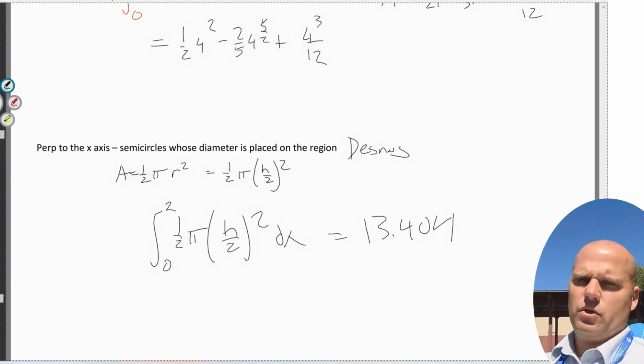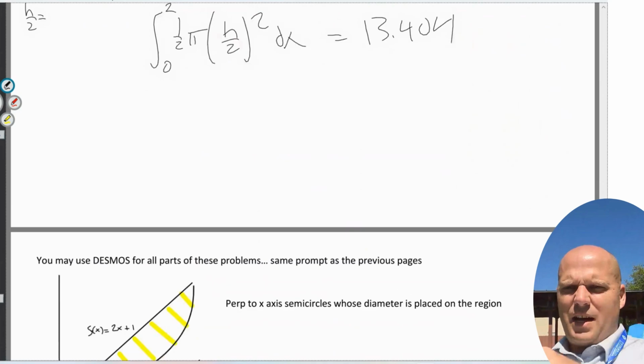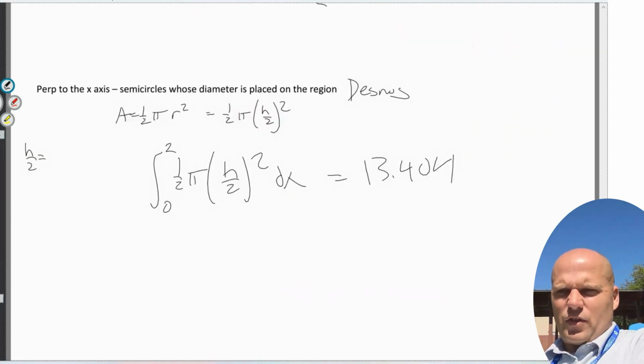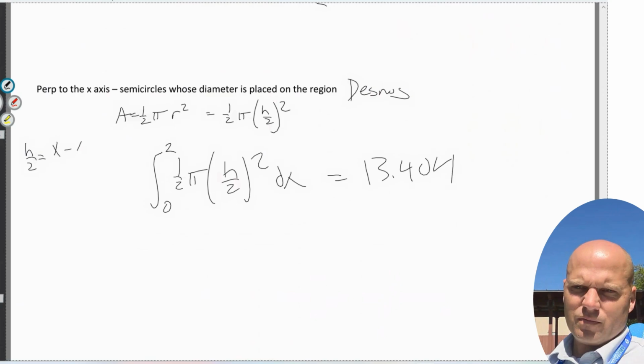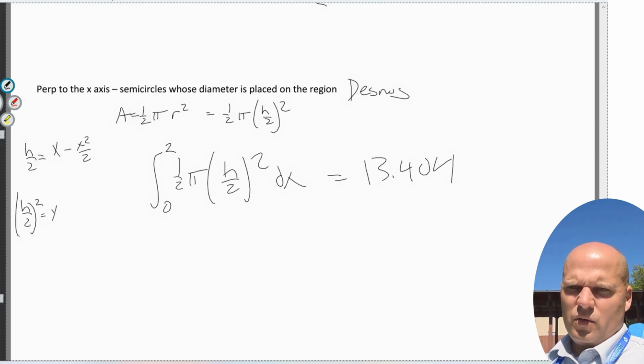If you were to do this without a calculator, you should probably write what h over 2 is. H over 2 would be x minus x squared over 2. And then you would need h over 2 squared, which is x squared minus x cubed plus x to the 4th over 4. And then you would need the antiderivative of that.